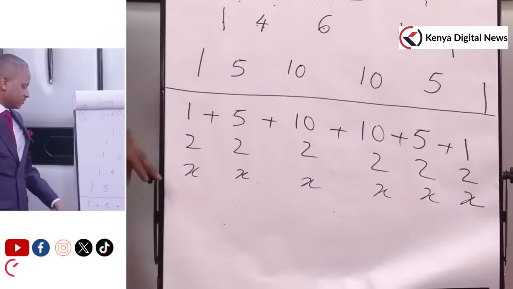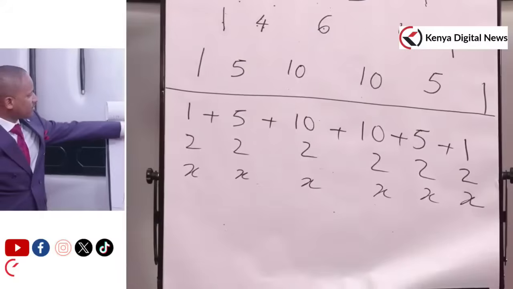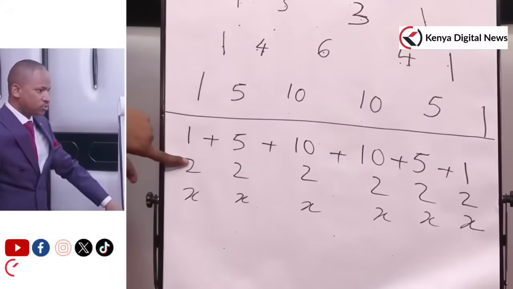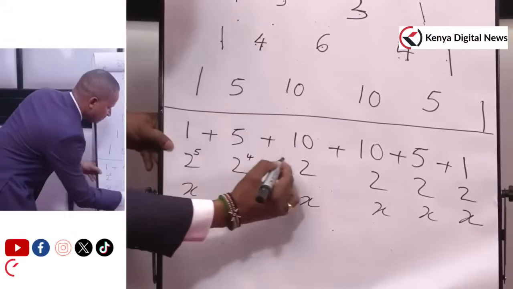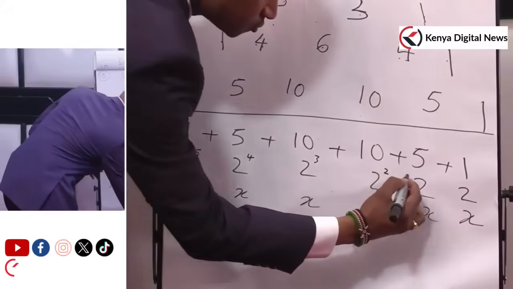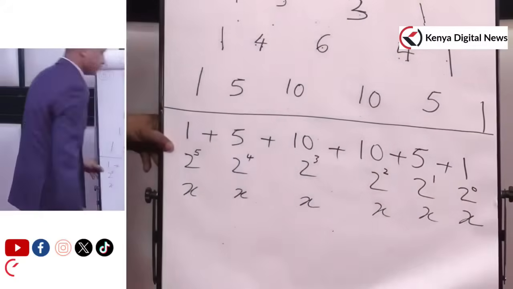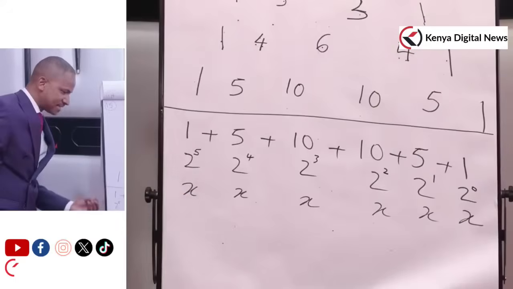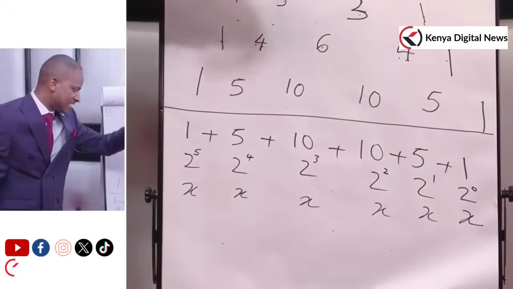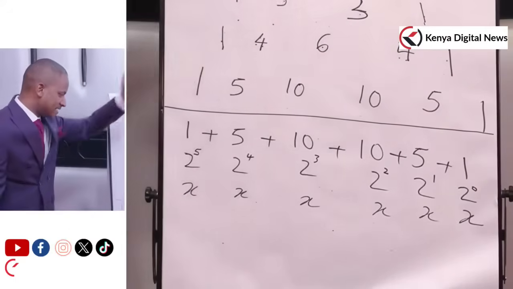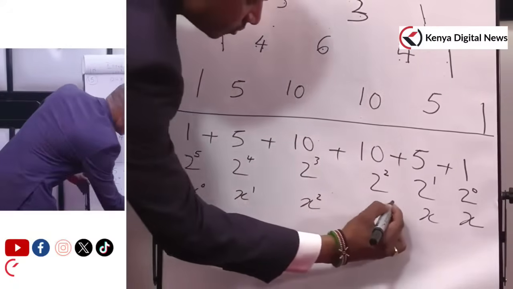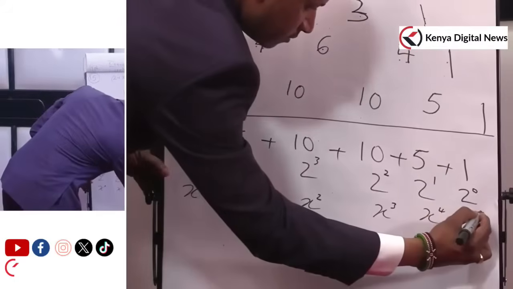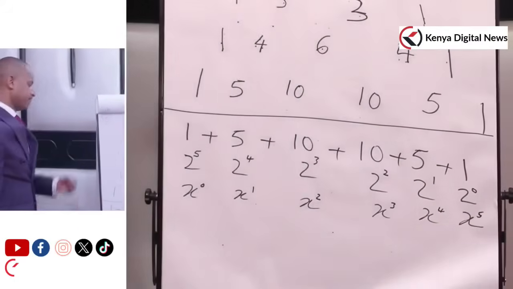Like that. So, because we have power 5, this 2 starts from power 5 in a descending order: 5, 4, 3, 2, 1, 0. But x starts from 0 in an ascending order. That is 0, 1, 2, 3, 4, 5.